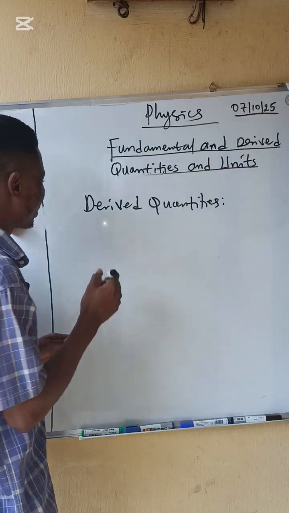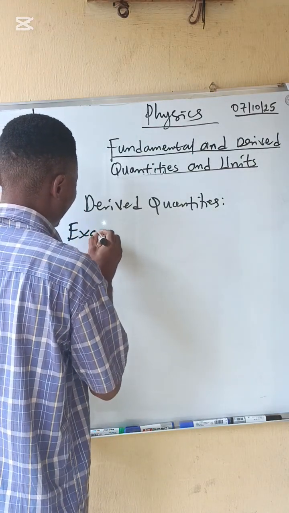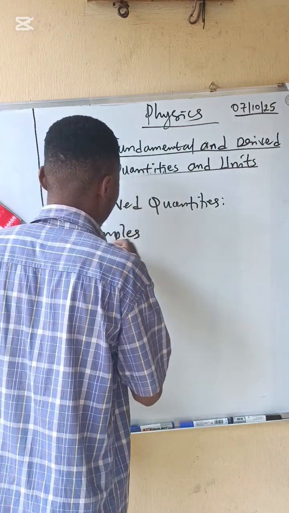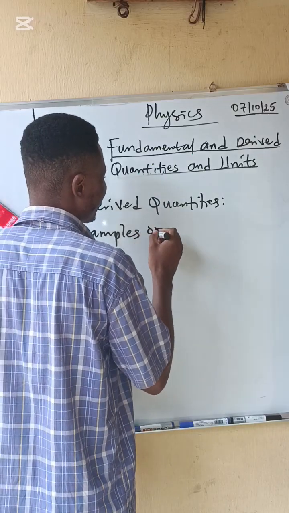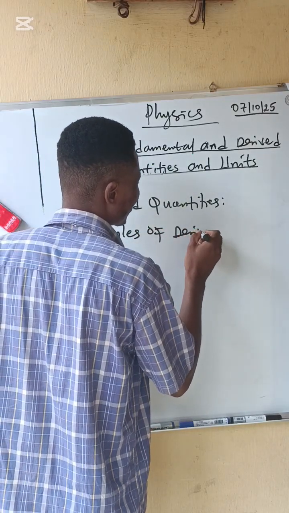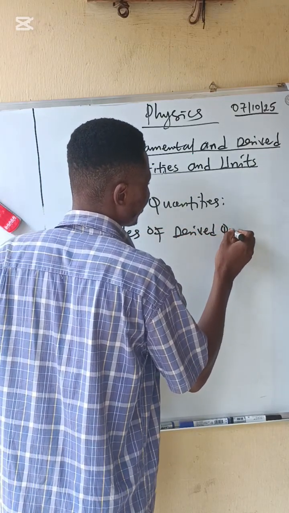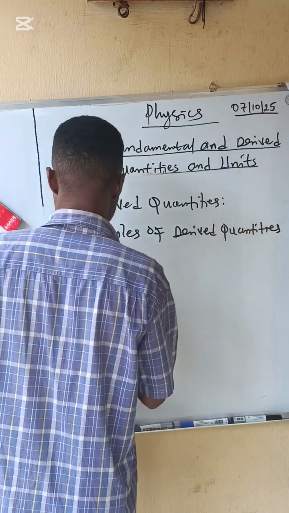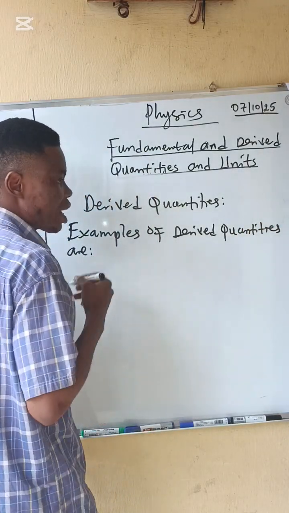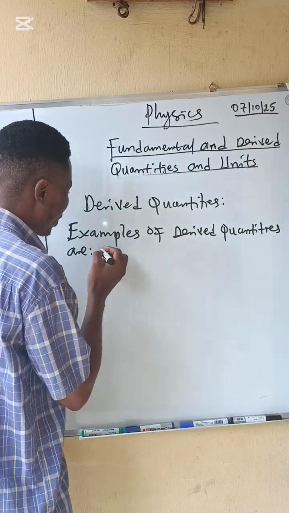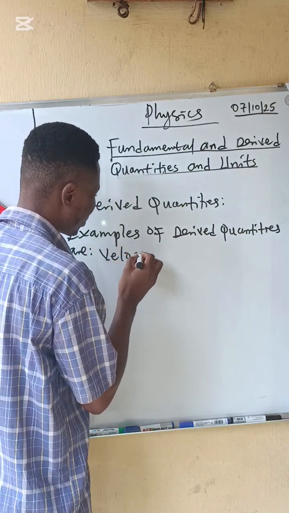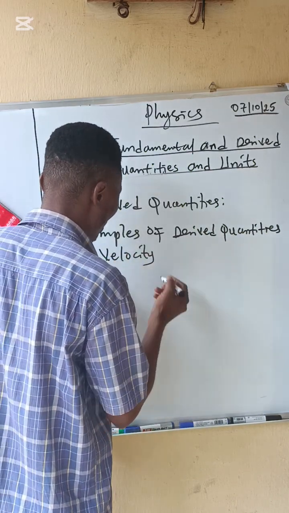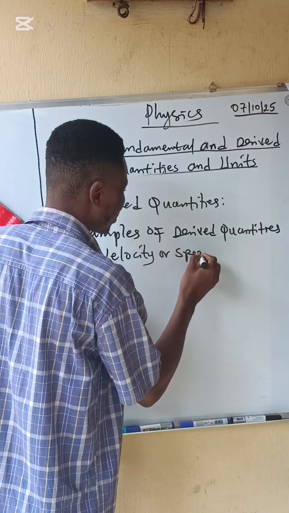Examples of derived quantities are velocity, or speed.